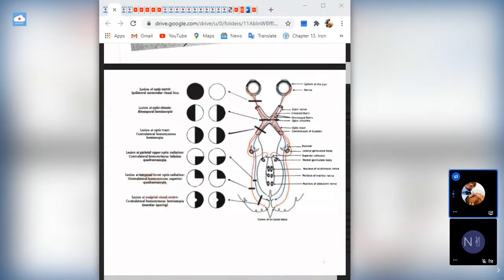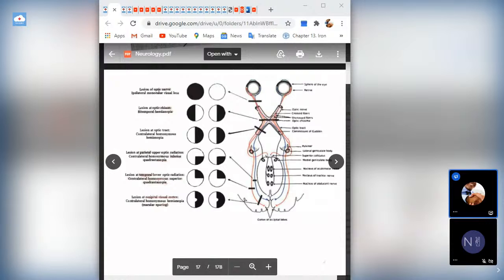And beyond the optic chiasma, you have the optic tract. So this is the optic tract.